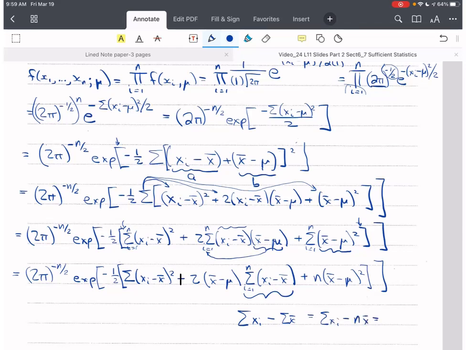If I substitute in for x bar, I have sum of x sub i minus n times 1 over n, sum of x sub i. And so this n and this 1 over n cancel out, become 1. And so I'm left with sum of x sub i minus sum of x sub i, that's 0.